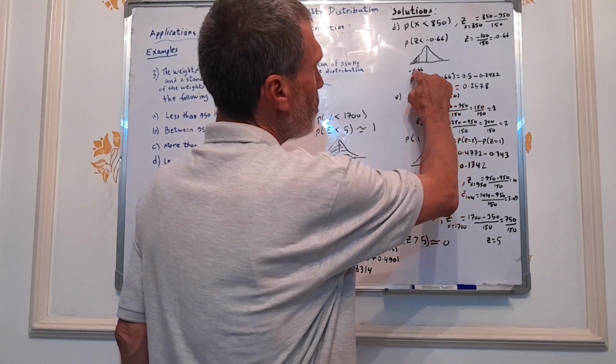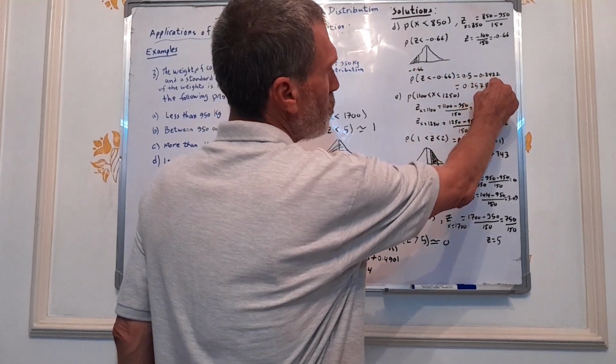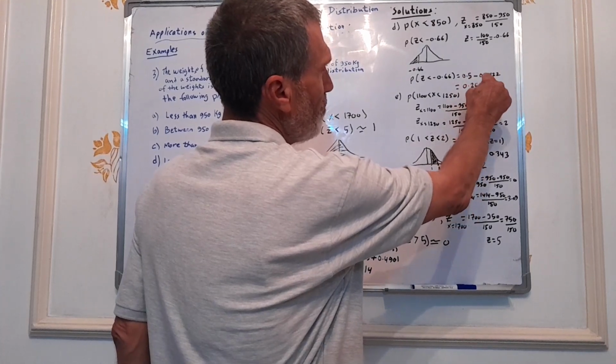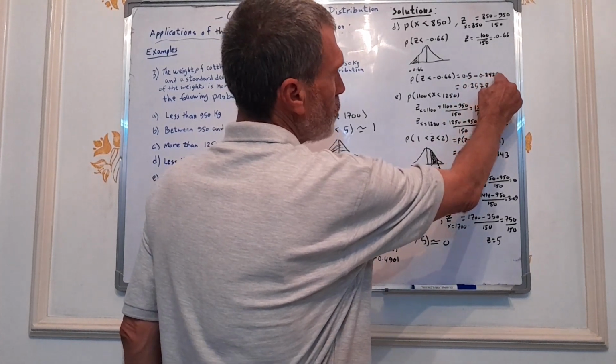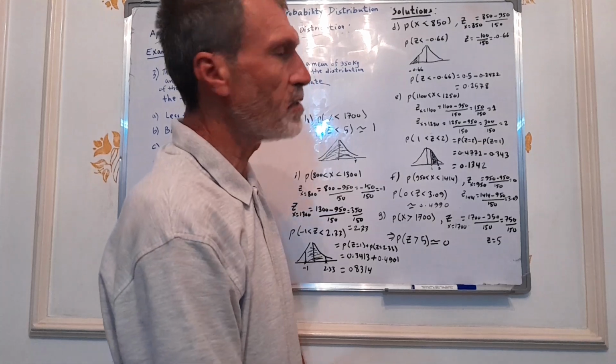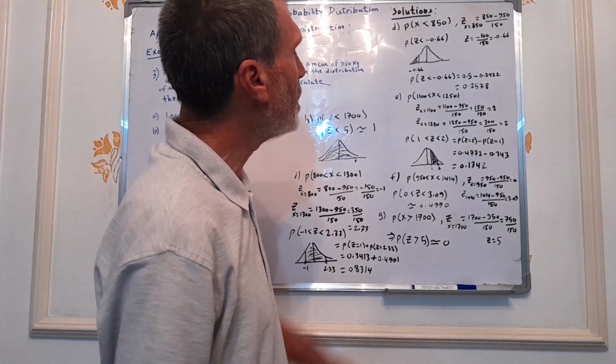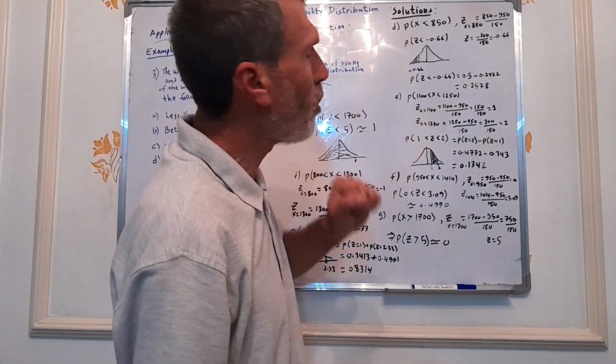Probability of Z equals 0.66 is equal 0.2422. So it's equal 0.5 minus 0.2422, we come up with 0.2578. This is the probability of Z less than minus 0.66.